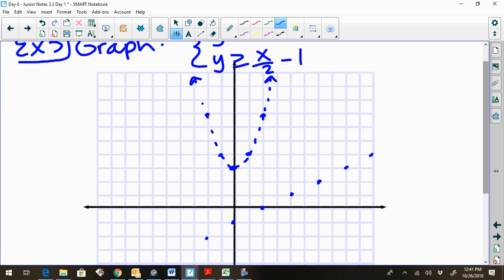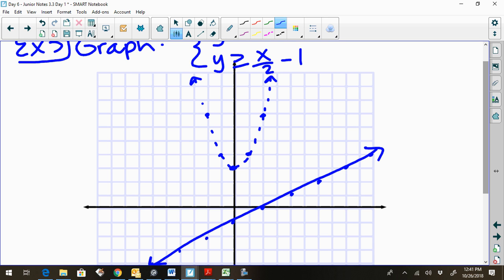We can keep going. And this one had the equal to, so we're going to connect these. Okay, and then let's test the point 0, 0. So is 0 greater than or equal to -1? Well, the answer is yes.